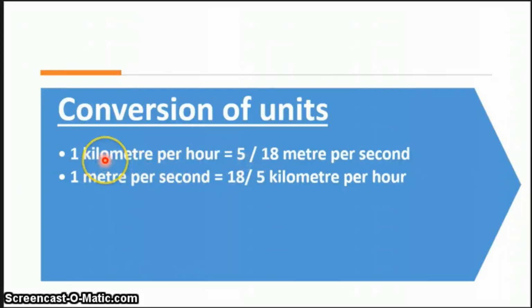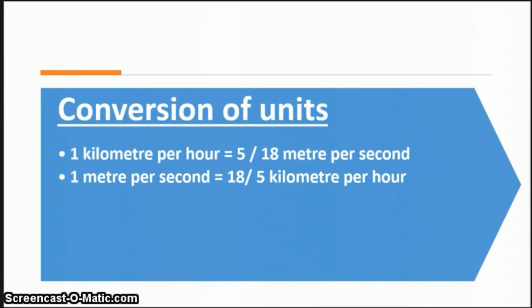If the speed is 1 kilometer per hour, then in meter per second it will be 5 by 18 meter per second. And if we have the speed in meter per second, then we have to multiply the value by 18 by 5 to convert it to kilometer per hour. So this was the conversion.